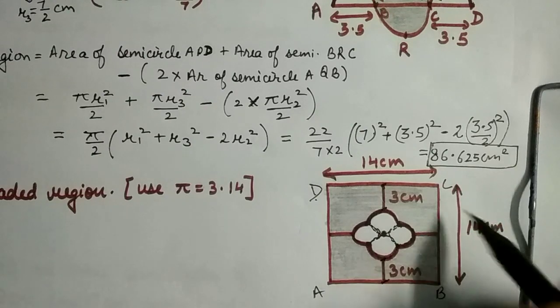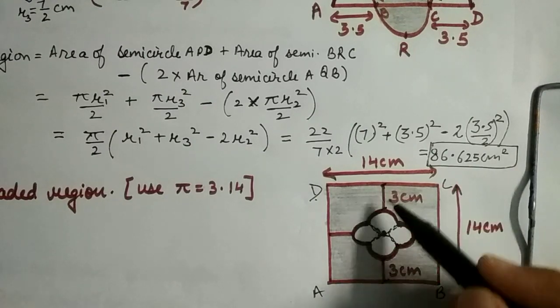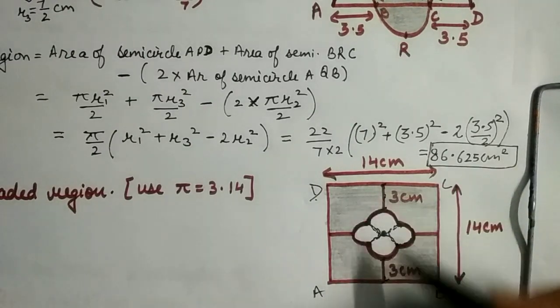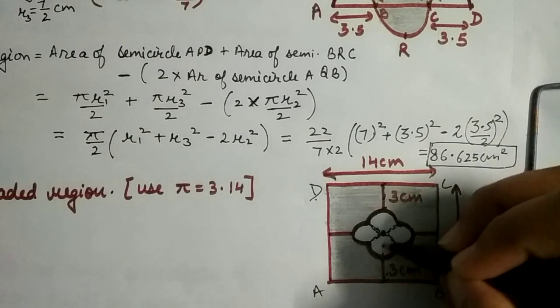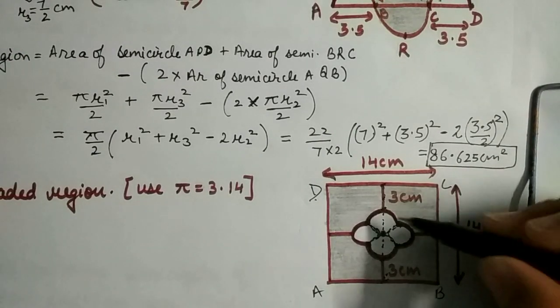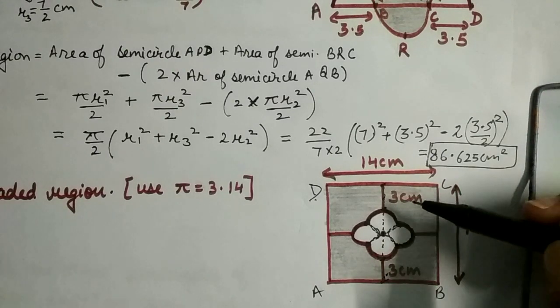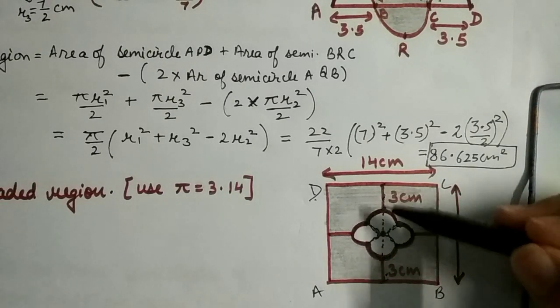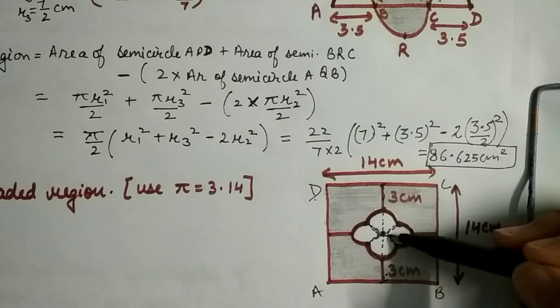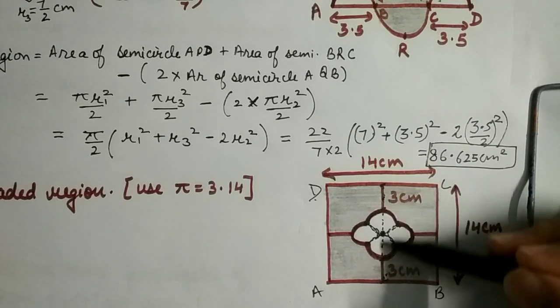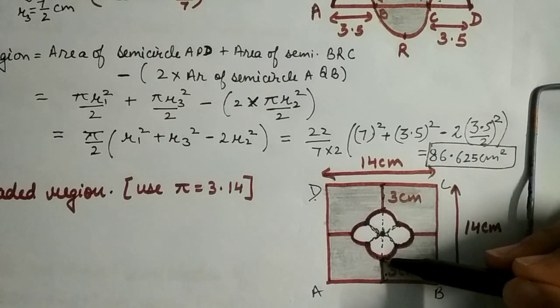Now from here you can see if this is 14 centimeter and this is 3 and 3 centimeter. So what is this distance? This distance would be 14 minus 6, that is 8 centimeters. Okay, now these 2 circles are having the same diameter. So if this is 8 centimeters, so diameter of each of the circle will be 4 centimeter.